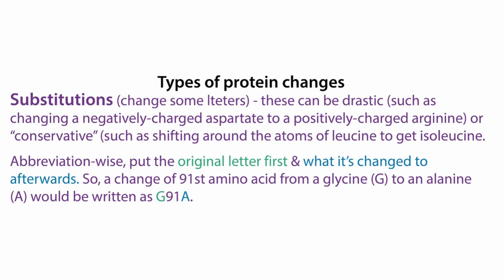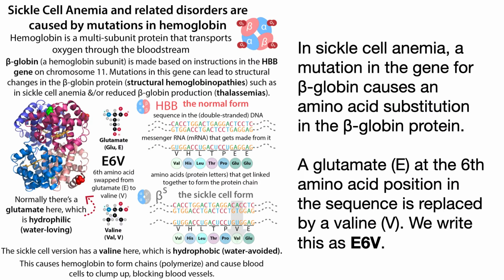So let's get back to talking a little about some of the types of changes. So substitutions, again, we put the original letter first and what it's changed to afterwards. So a change of the 91st amino acid from a glycine to an alanine would be written as G91A. Or that mutation in sickle cell anemia, where we have that mutation in the beta globin gene, it's happening at the 6th amino acid position in the sequence, and a glutamate is being replaced by a valine.